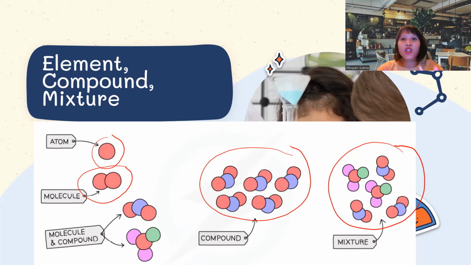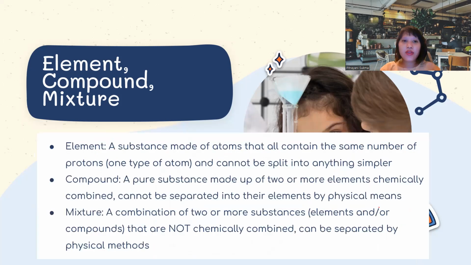Several different atoms joined together by chemical bonding make a compound, and it cannot be separated by physical separation. And then a mixture is a group of several atoms that, unlike a compound, can be separated by physical separation.